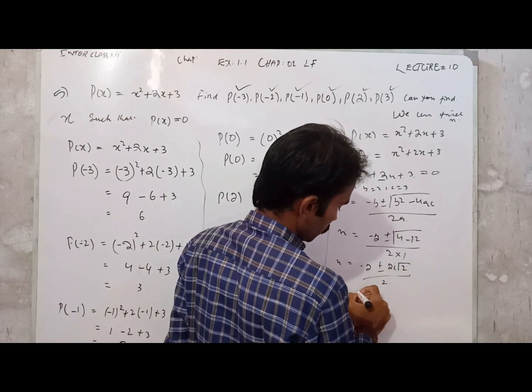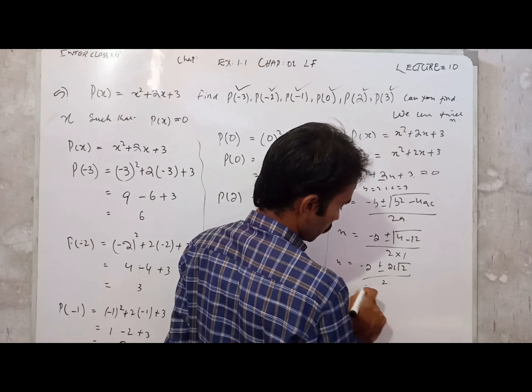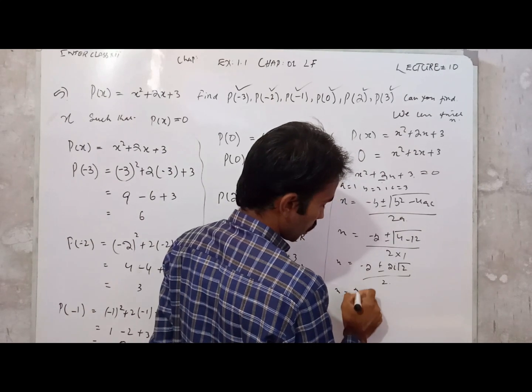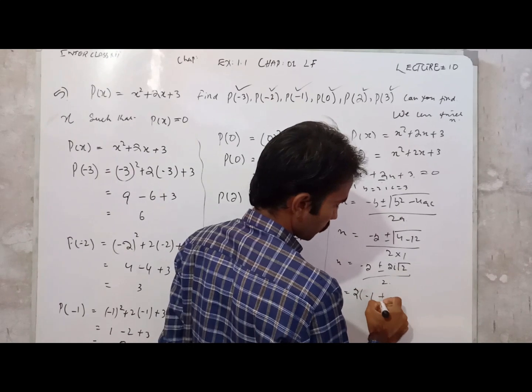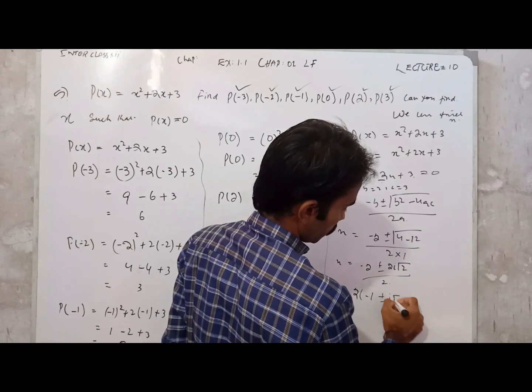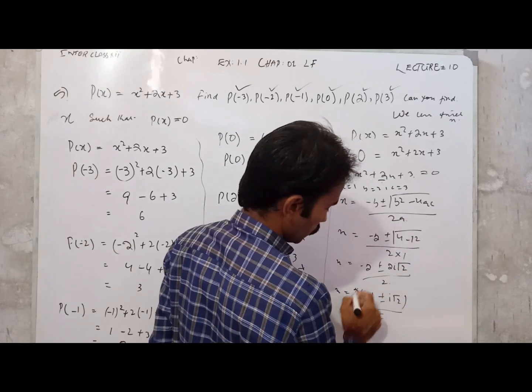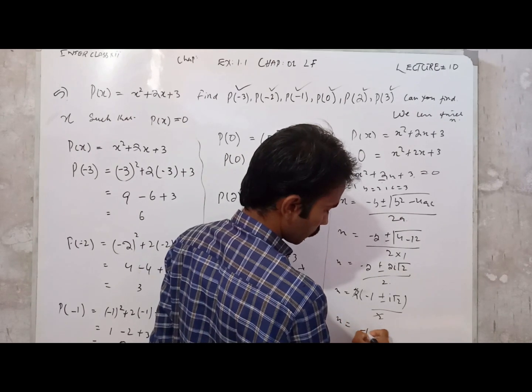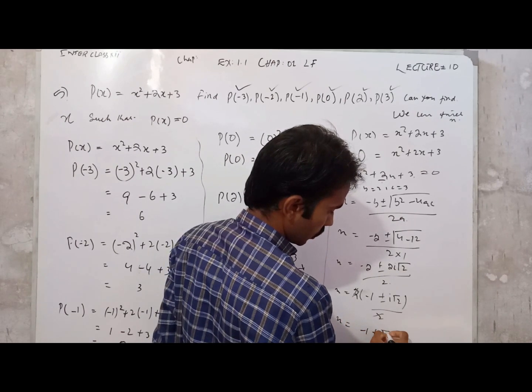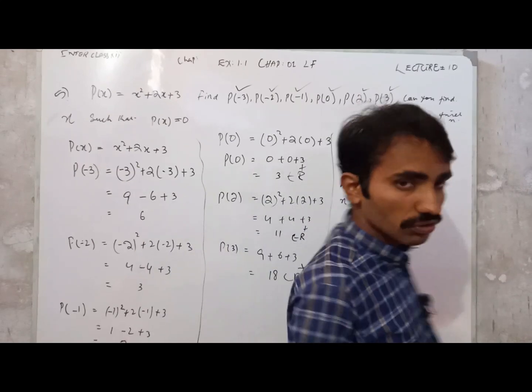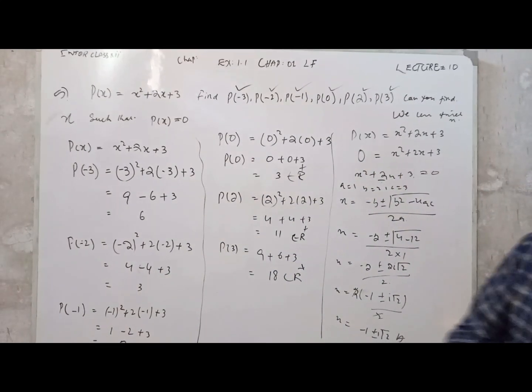So x is equal to minus 2 plus minus 2 iota root 2 over 2. We take 2 common from the terms: minus 1 plus minus iota under root 2, 2 cancels 2. So x is equal to minus 1 plus minus iota under root 2. This is all about problem number 5.